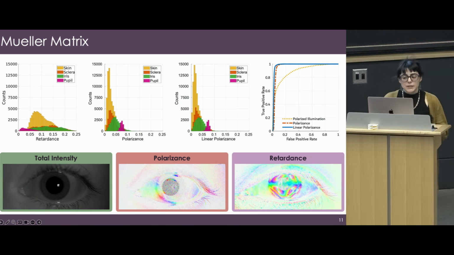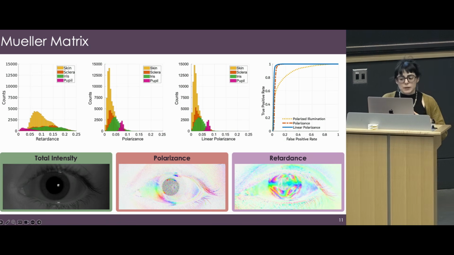So if you have access to a Mueller matrix, it's pretty easy to characterize these eye features. Up here we have 3 histograms of retardance, polarizance, and then linear polarizance, which we'll get to later. From these histograms, we did per pixel ROI for different regions of the eye: the sclera, the iris, and the surrounding features like skin and hair.